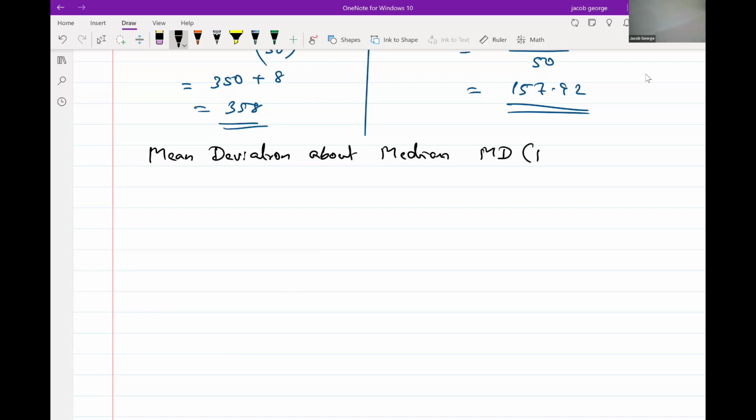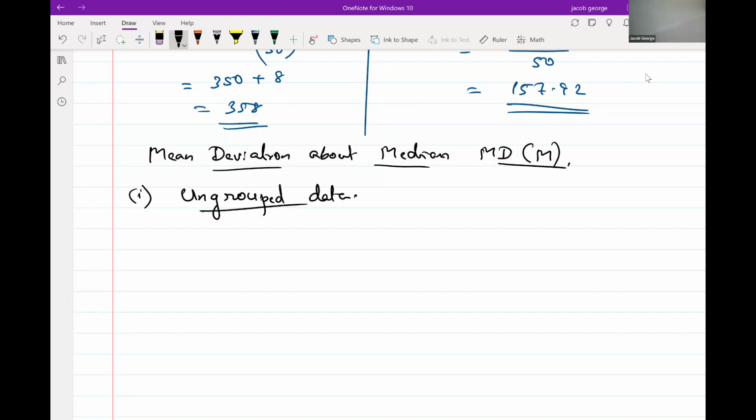MD in bracket capital M, mean deviation about median. Mean it was MD X bar. Here MD capital M represents median. Here first one, ungrouped data. Again we start the same order, ungrouped data.